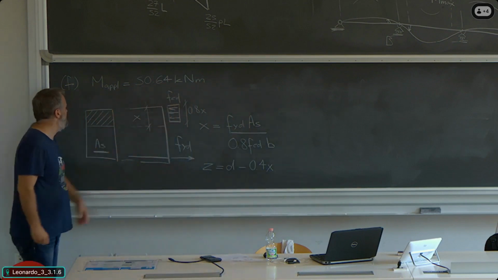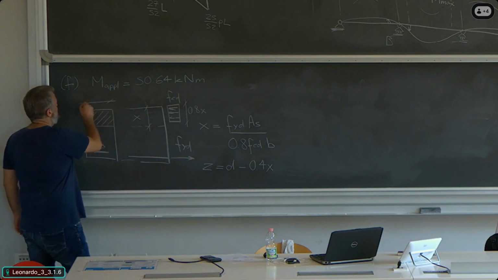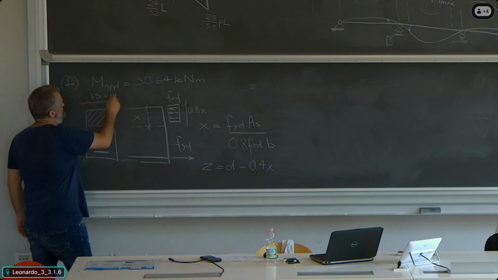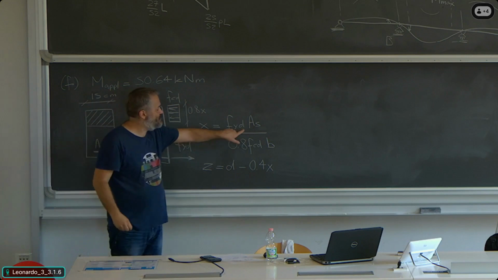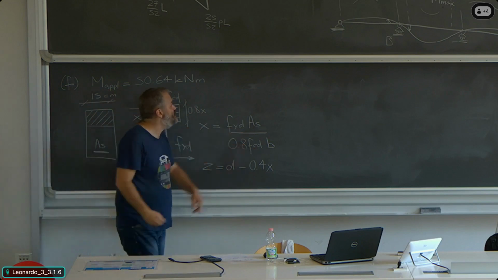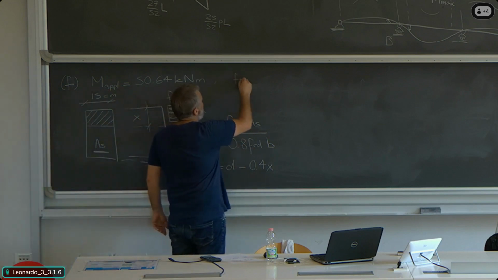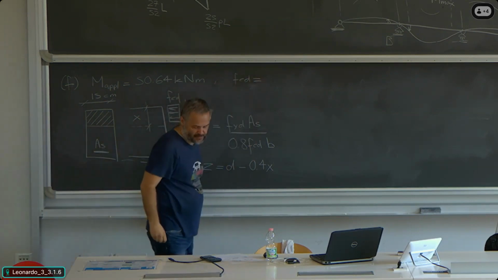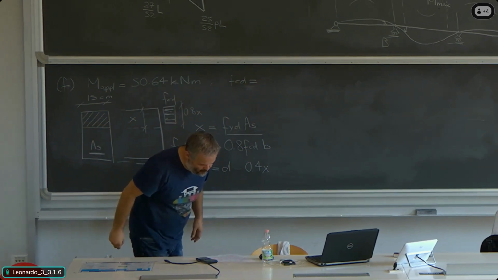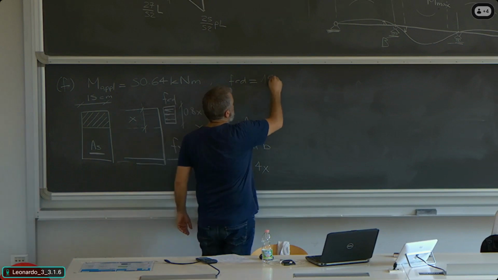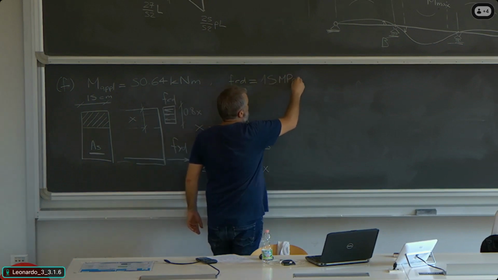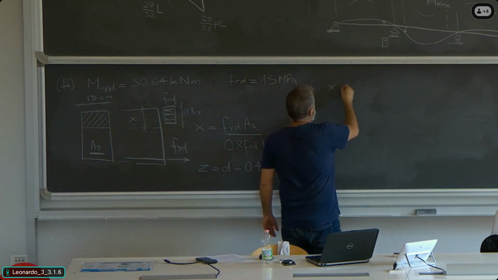Okay, b we know already. b is 15 centimeters. fyd I gave previously. fcd, this was another datum provided, it's 15 megapascals. So first thing you do is to work out the neutral axis depth.